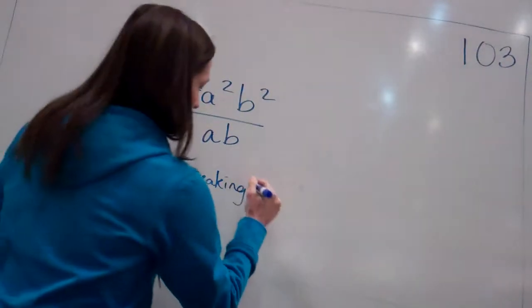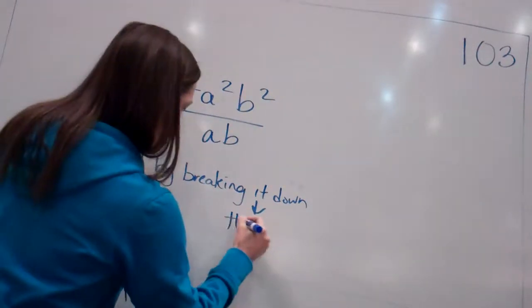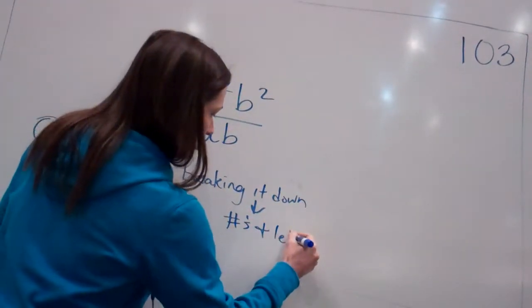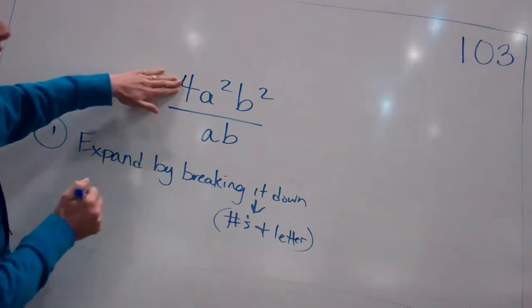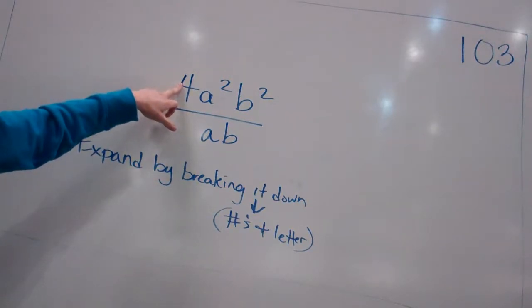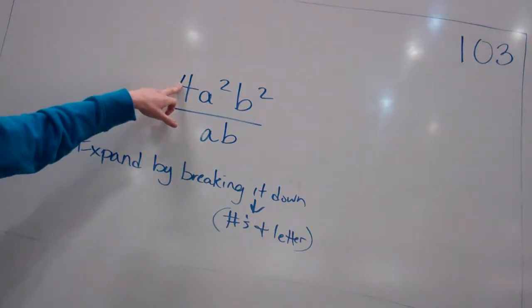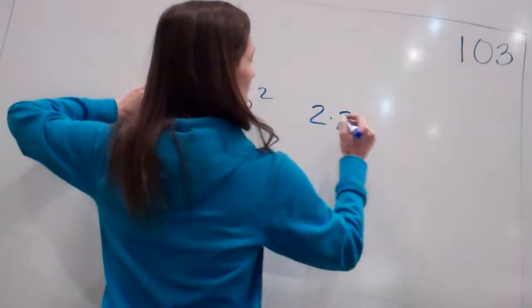Breaking it down. Okay, and that is the numbers and the letters. Okay? So, let's start with the numbers. How could I break down 4? You're going to break it down into prime factors. 4 would become 2 times 2, right?